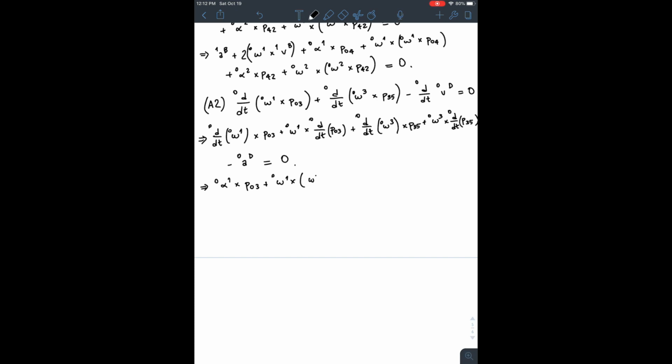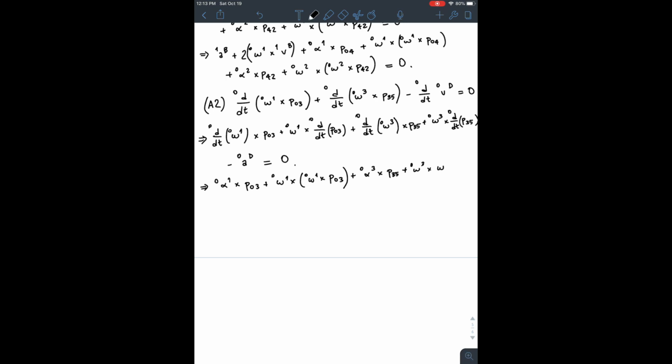This is equal to angular velocity of 1 in 0 cross p03, plus, again here we have angular acceleration of 3 in 0 cross p35, plus angular velocity of 3 in 0 cross, we did this derivative over in the velocity level analysis as well, and that is what?